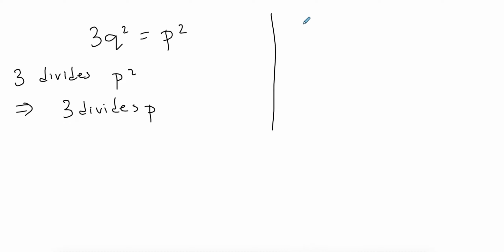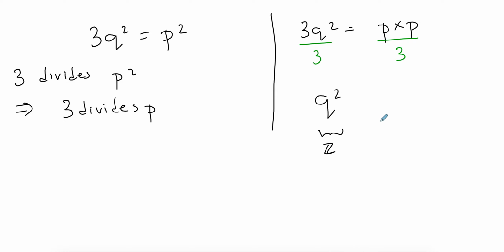If you have 3q squared equals p squared, where p squared is just p times p, and I divide both sides by 3, this will simplify to q squared, which is an integer being squared. And any integer being squared will always give you another integer. So this is an integer, which means that 3 has to divide p squared. So this statement is true.